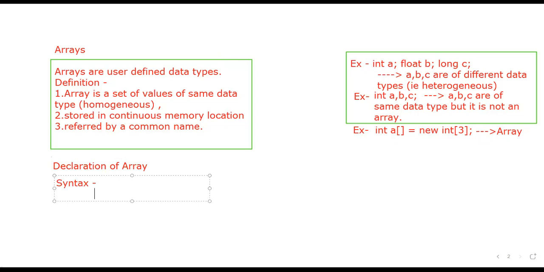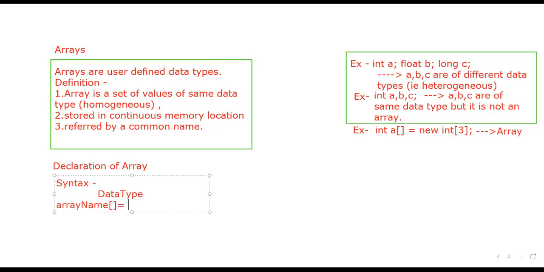By looking at this, you can say data type, then array name. Then bracket open close, which stands for this having more than one value.